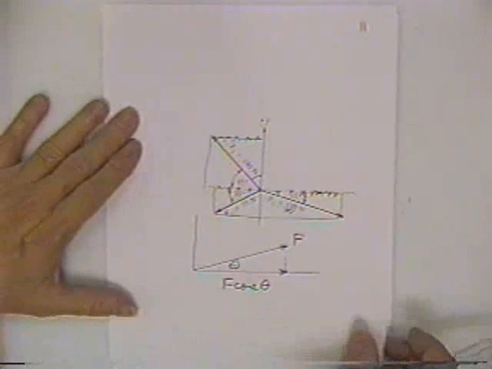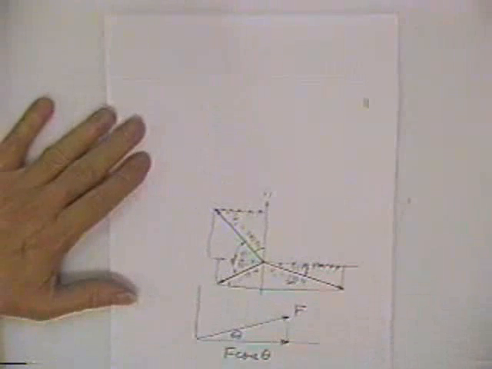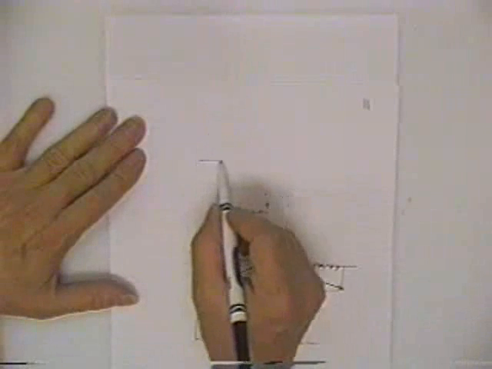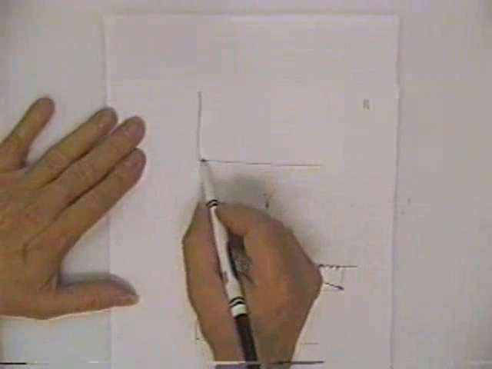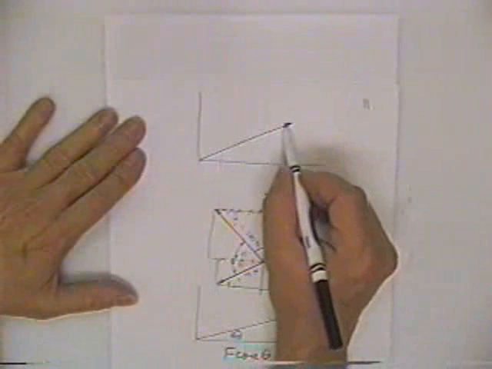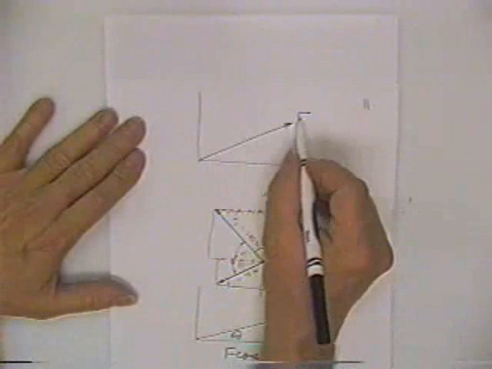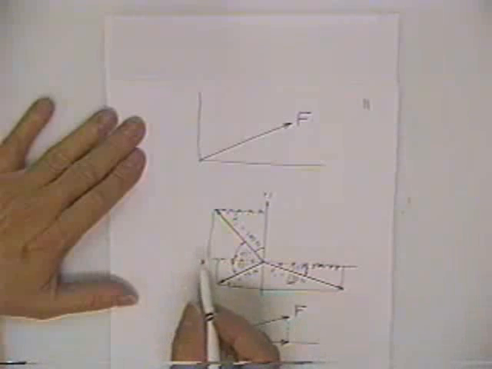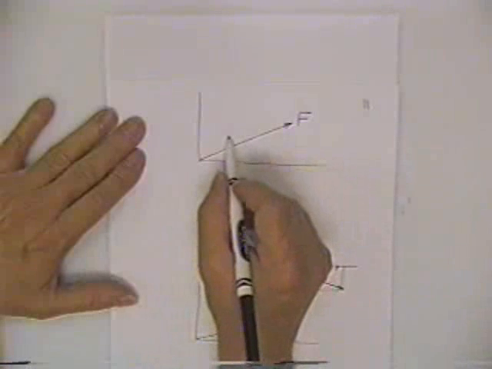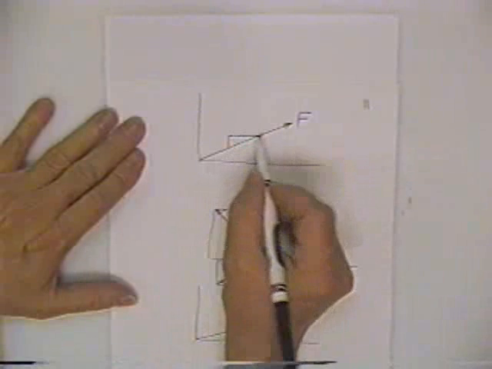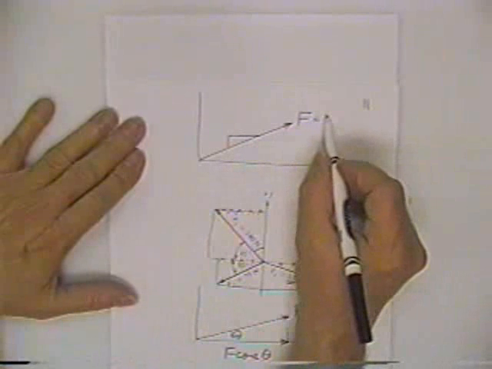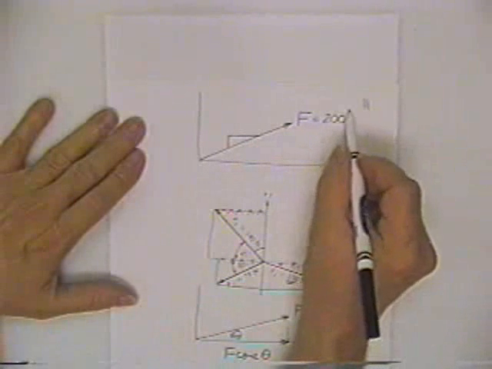Anytime you want the components of a force that is given in terms of slope, instead of in terms of angle of degrees, for example, you might have a force that is 200 newtons.